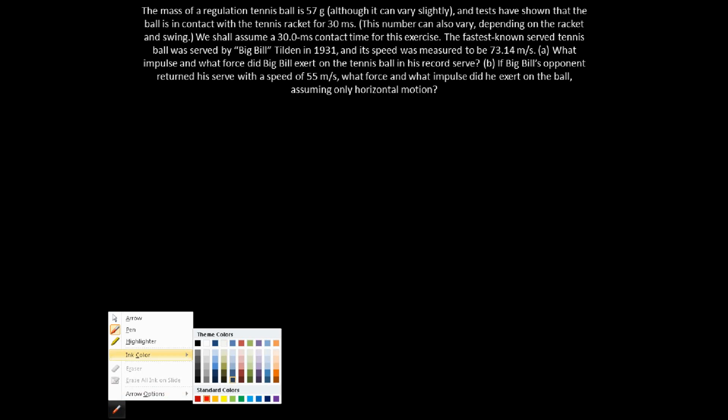Okay, so now we're going to solve a harder problem about the momentum and impulse. So in here, we're asked to find the impulse and force that Big Bill exerted on the tennis ball in his record serve. Now in here, if we're going to read the problem, we're going to use the formula for impulse.